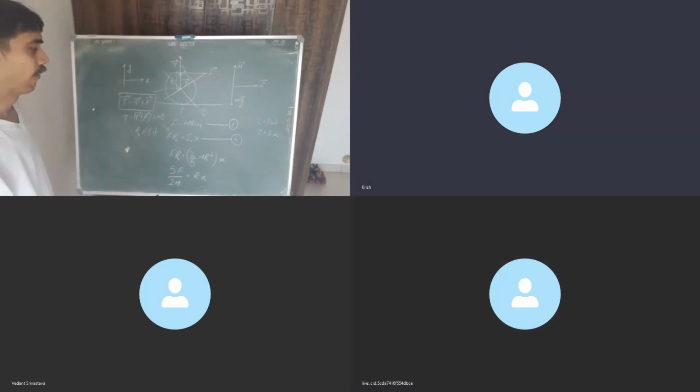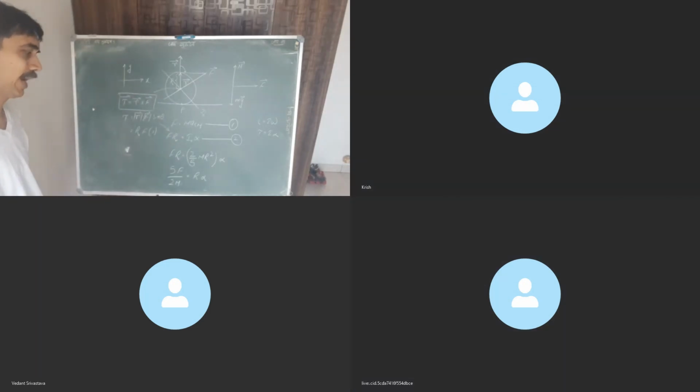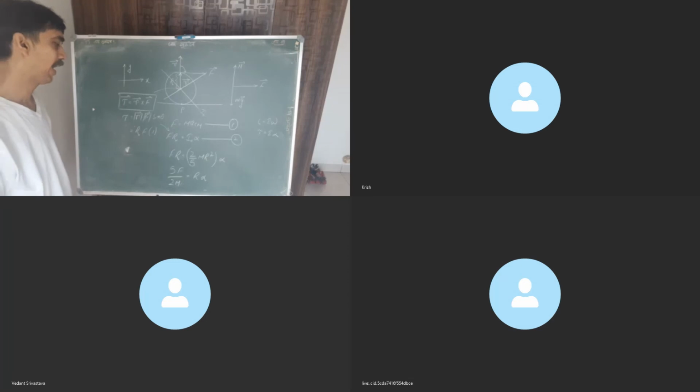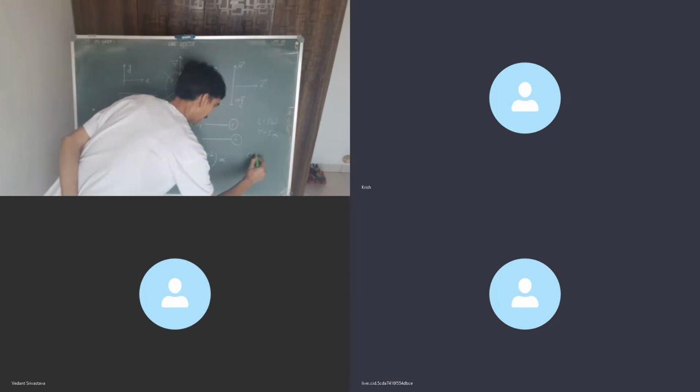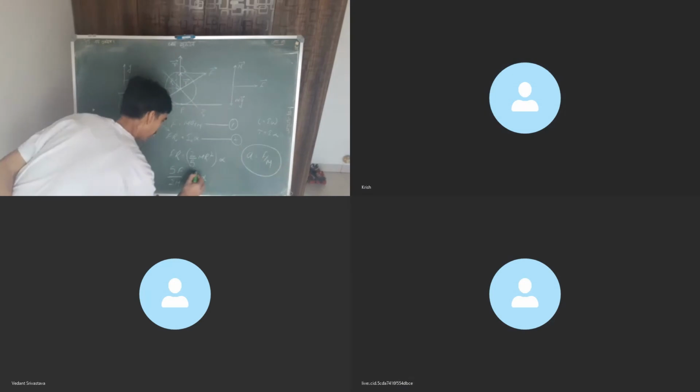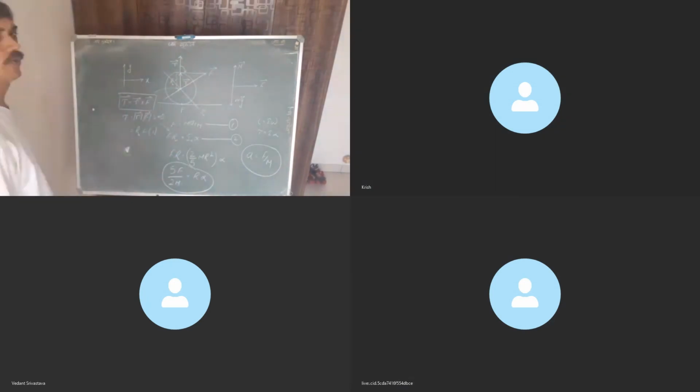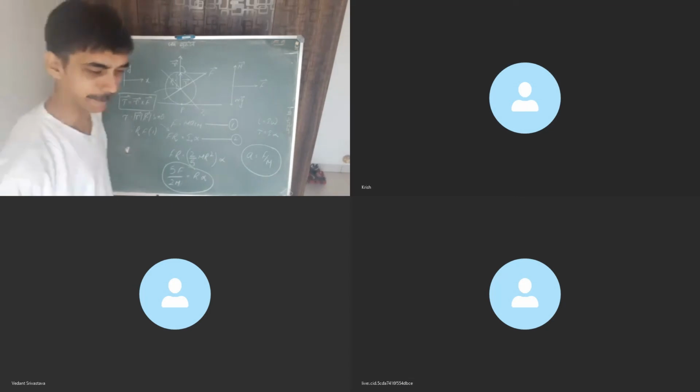So from the second equation we get r into alpha is 5f by 2m. And from the first we get ACM or A is equal to f by m.